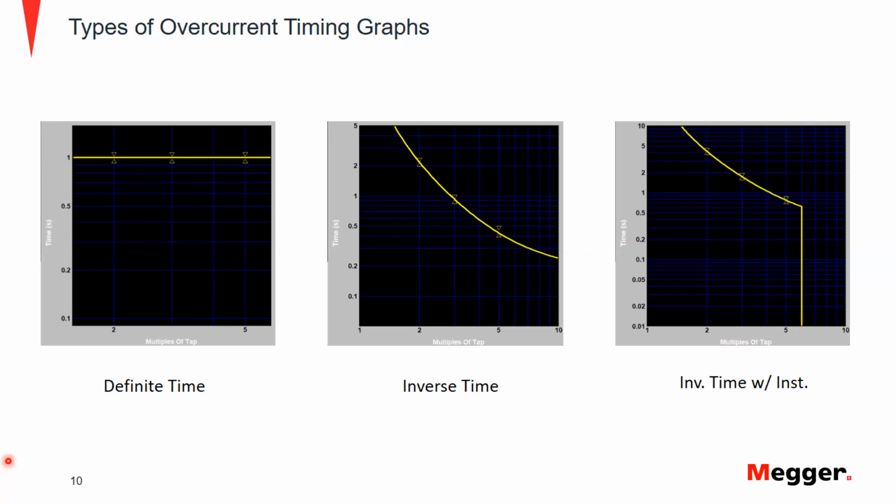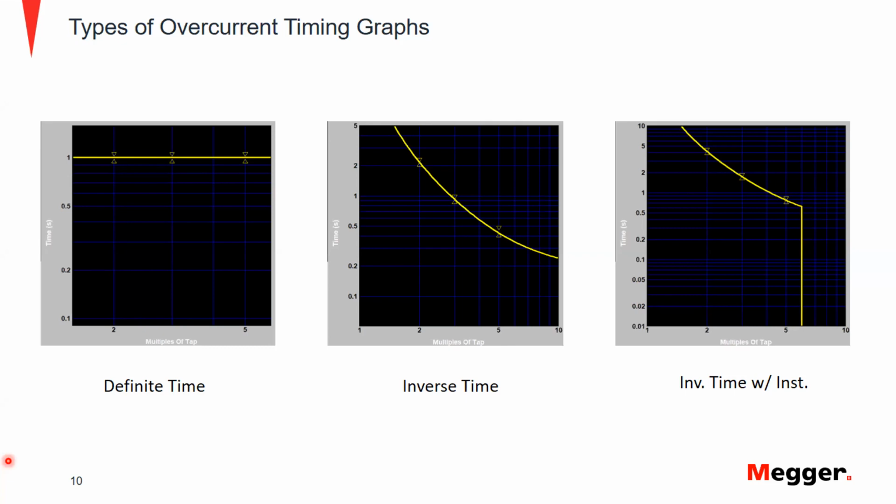So we're giving it a consistent time over multiples of current. It doesn't matter what the current level gets to, the time that it's going to trip will be the same.